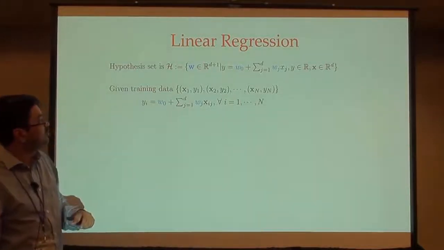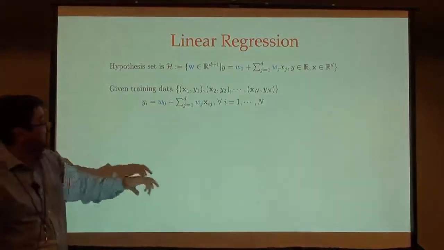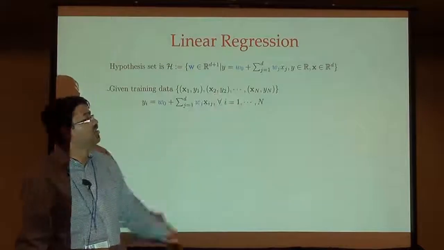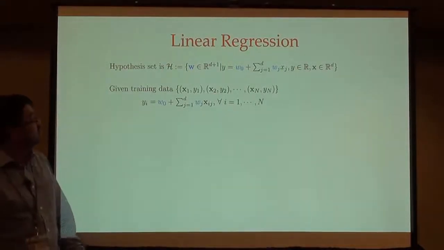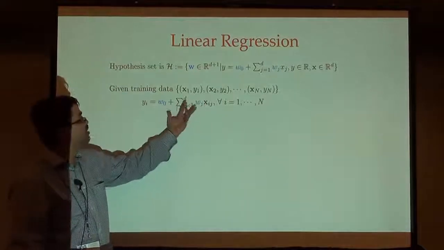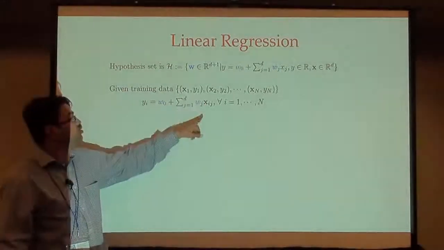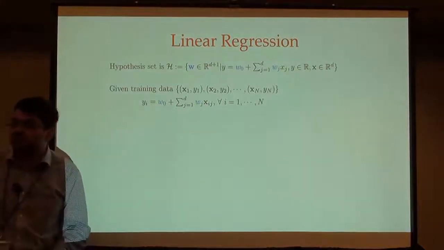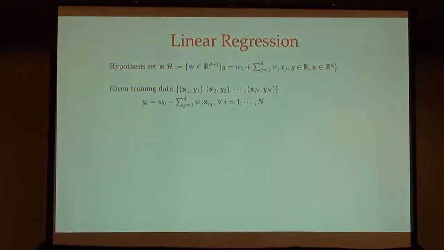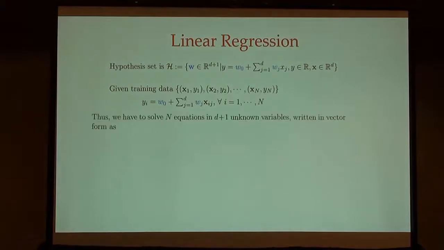Now if you think about this, there are n equations and there are d plus 1 unknowns. Wj has d values, and with this one, d plus 1. So it's not really a square system, so you have to learn it in a least square sense.